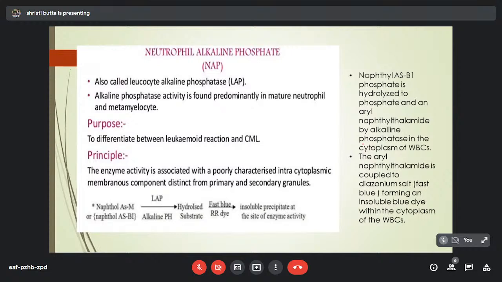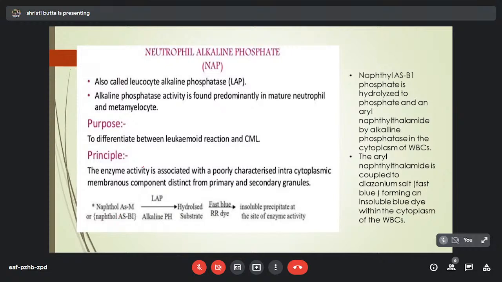Now, a very important thing for undergraduates as well as postgraduates is the neutrophil alkaline phosphatase, or NAP. Now, what is this NAP or LAP? It's also referred to as the leukocyte alkaline phosphatase. The alkaline phosphatase activity is found predominantly in mature neutrophils and metamyelocytes. Okay, so what is the principle and why is it needed? It is important because it differentiates CML from a leukemoid reaction.